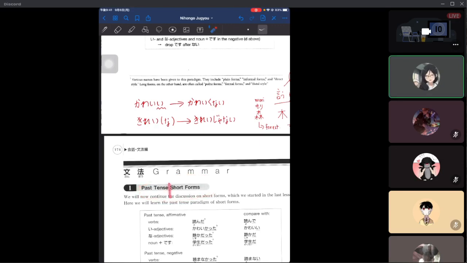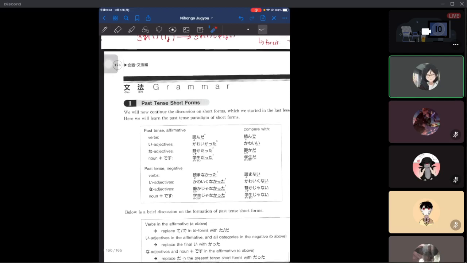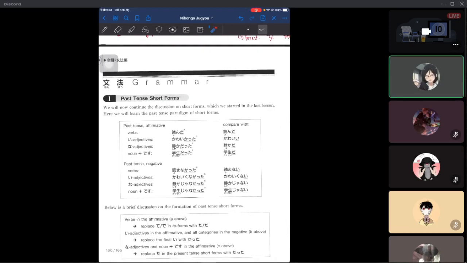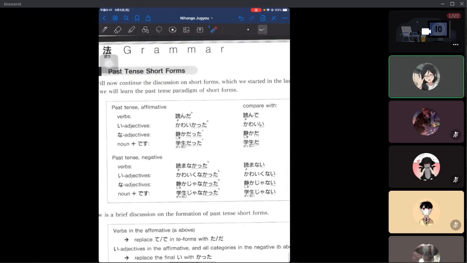This is basically the short form, the same as above, except it's in the past tense. For example, to buy becomes bought, ride becomes rode, those kinds of past tense. There's actually a formula to remember how to conjugate the verbs to past tense, but also in a short form.